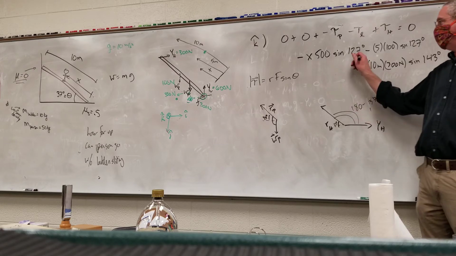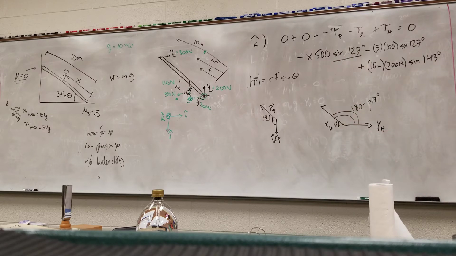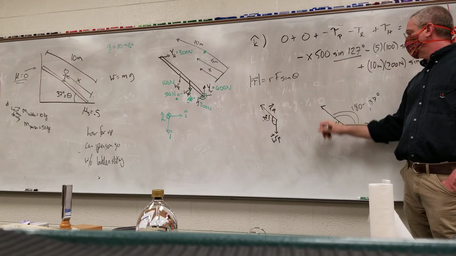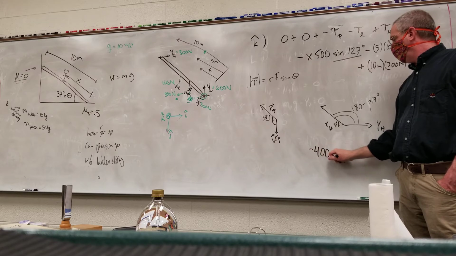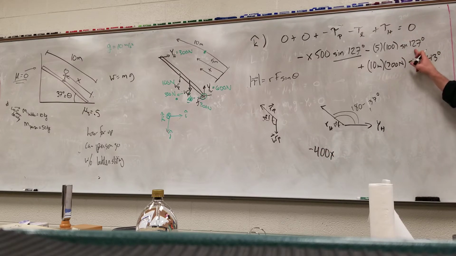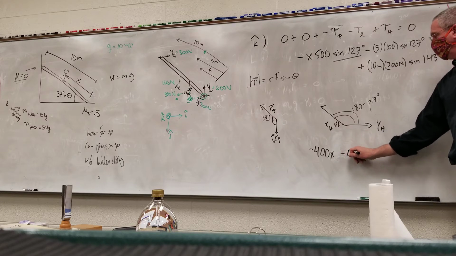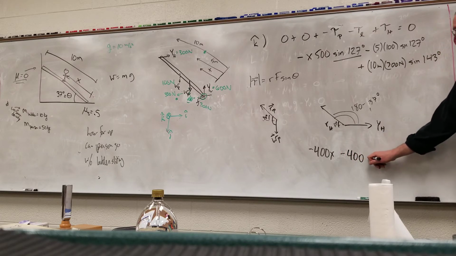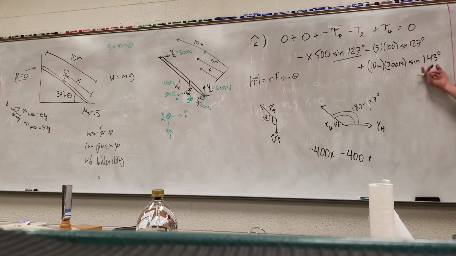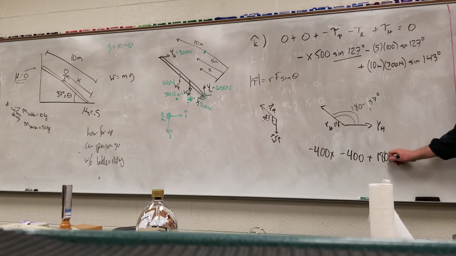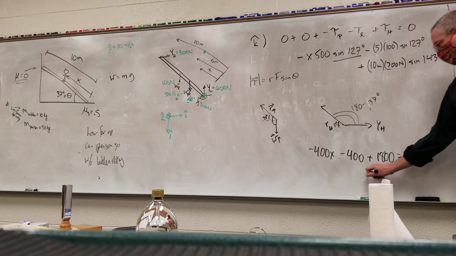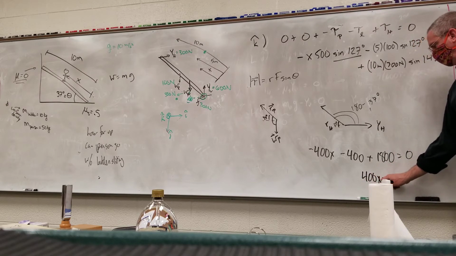So mathematically, sine of 37 is 0.6, this is 0.8, so that's about negative 400x minus 400 plus 1,800 equals 0. 400x equals 1,400.